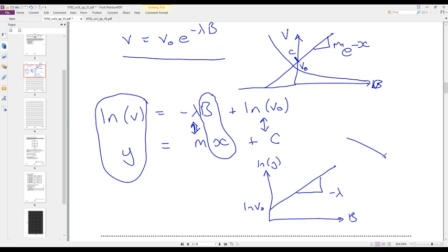There are other ones. In some cases, you will plot y against 1 over x or something like that. Over time, as you see more of these papers, you will come across different versions of what you're plotting against what. Your aim is always to get some kind of analogy with y equals mx plus c that will let you do this.